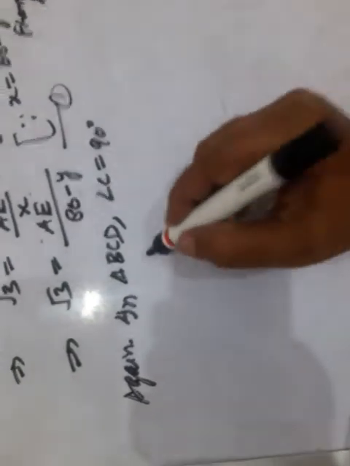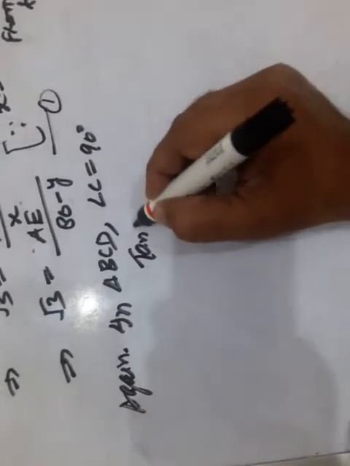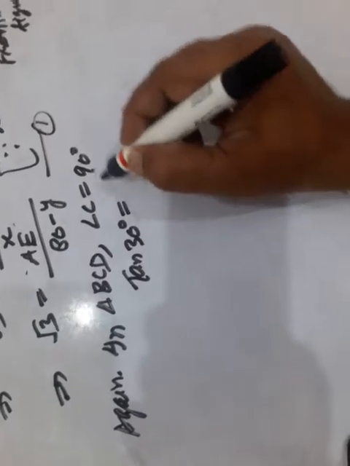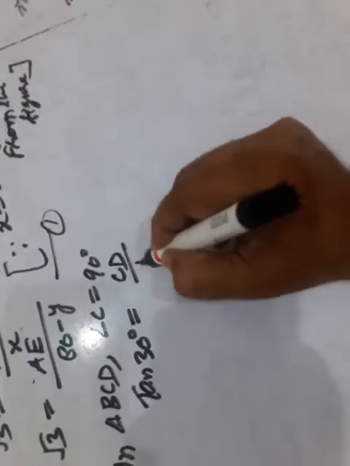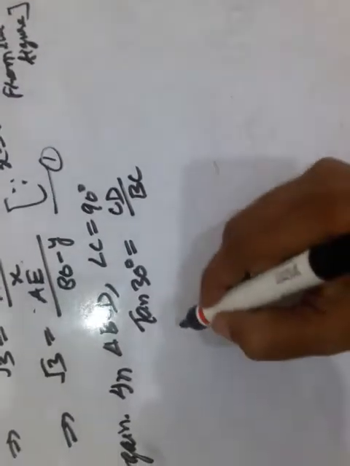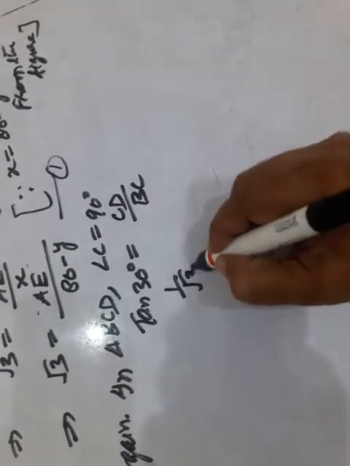Then what happens? Tan 30 degrees equals CD upon BC. This tan 30 equals 1 upon root 3.